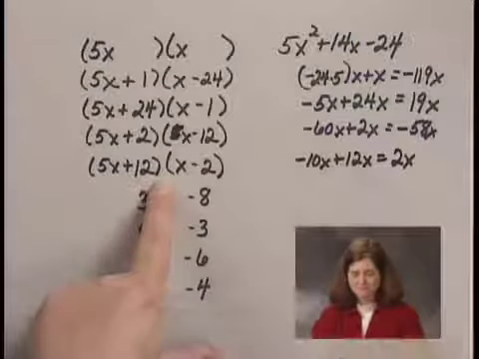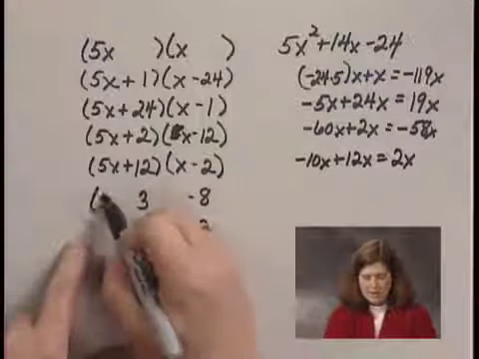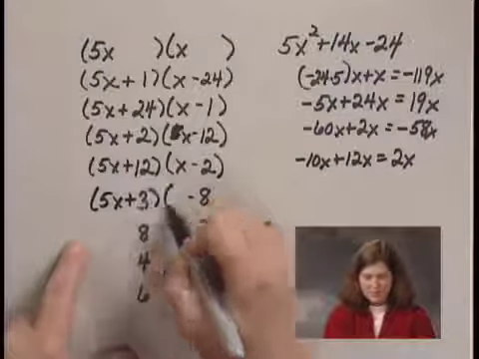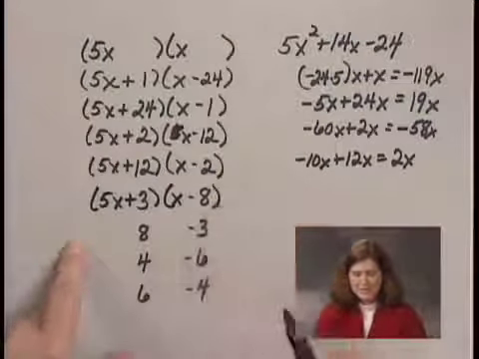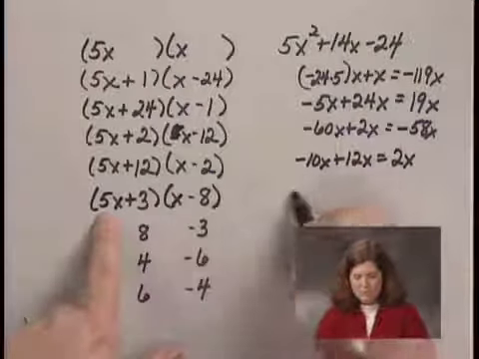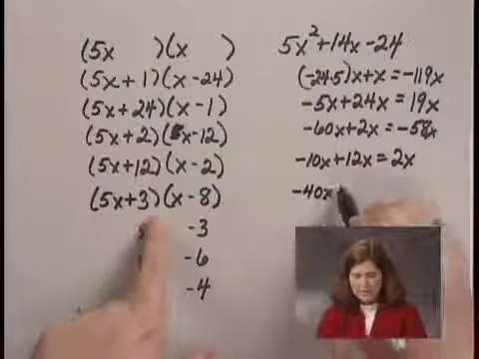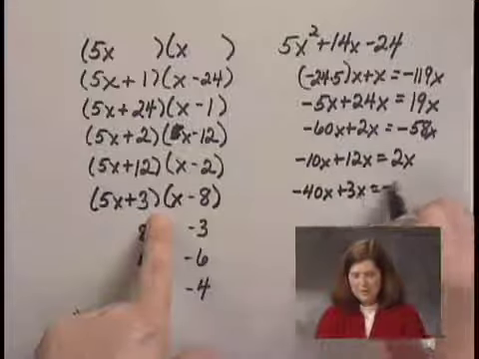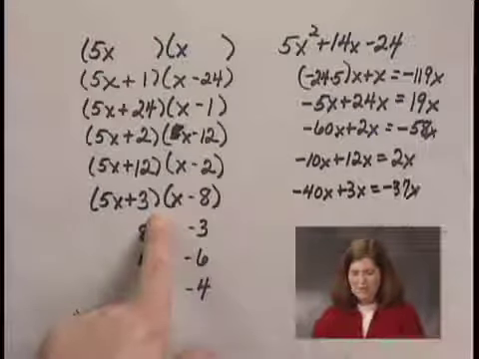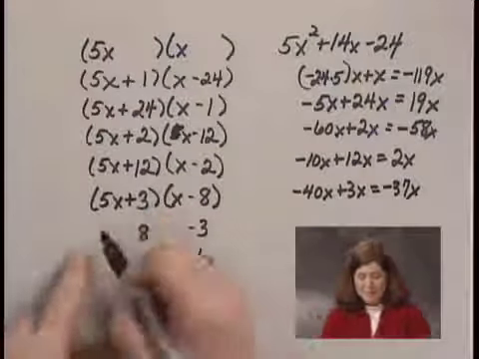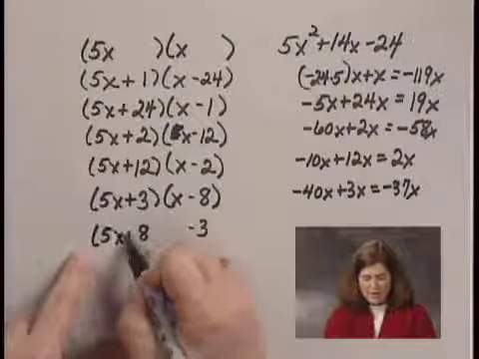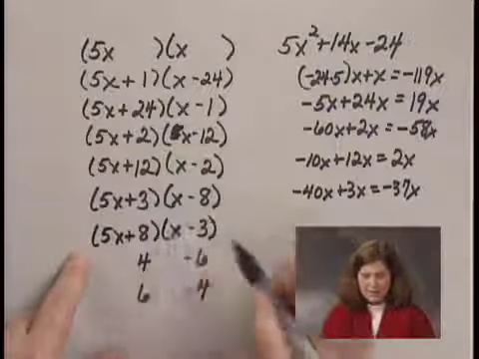That's not 14. I'll try 5x plus 3, x minus 8. My middle term will be negative 40x plus 3x, which is negative 37x. That's not 14 or negative 14. I will try 5x plus 8, x minus 3.